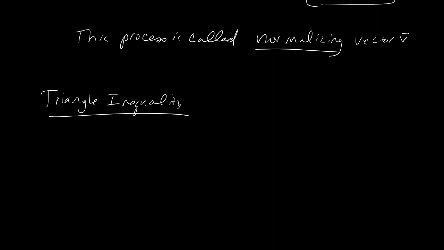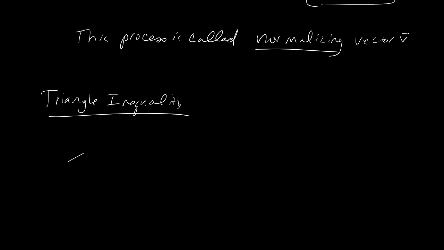So the triangle inequality is very straightforward. The length of the sum of two sides of a triangle is going to be greater than or equal to the length of the third side, okay?